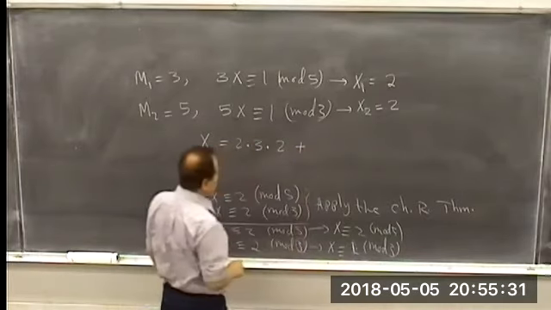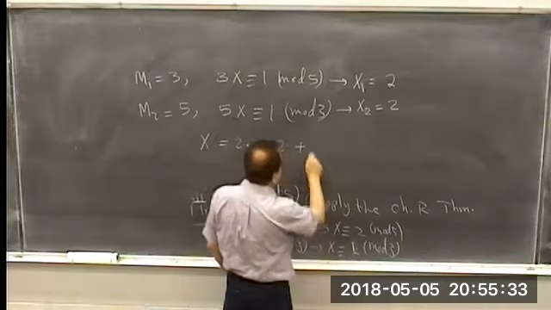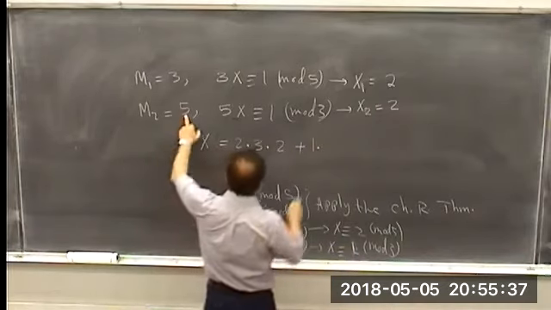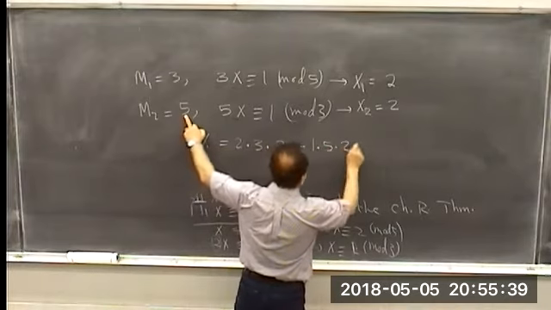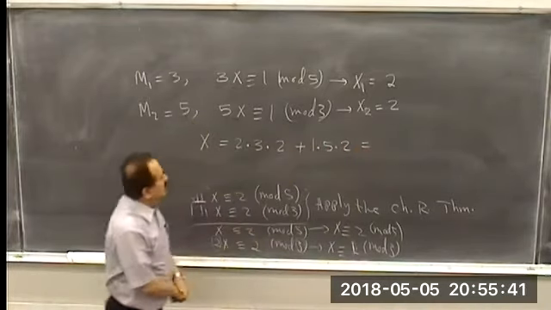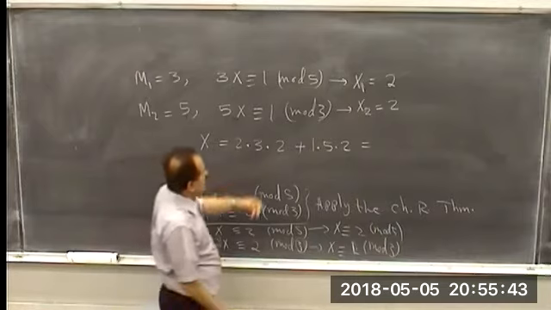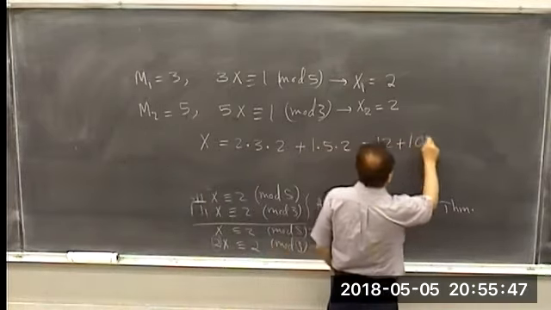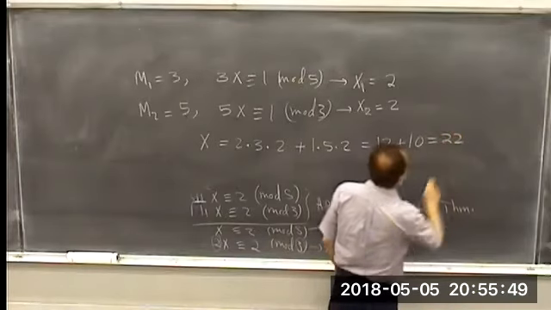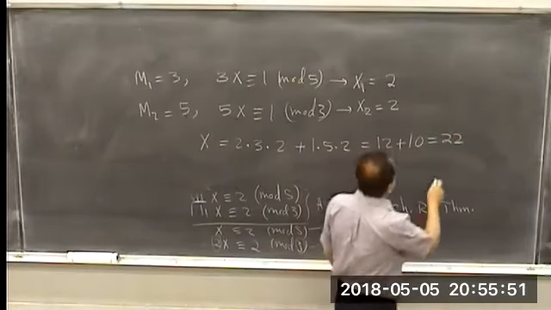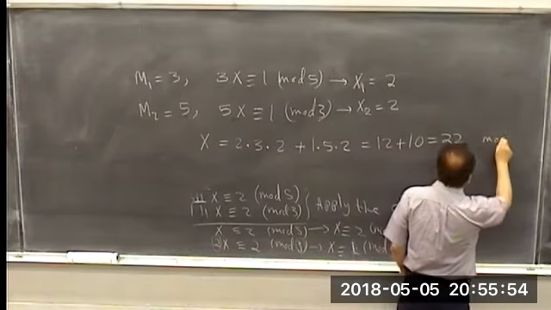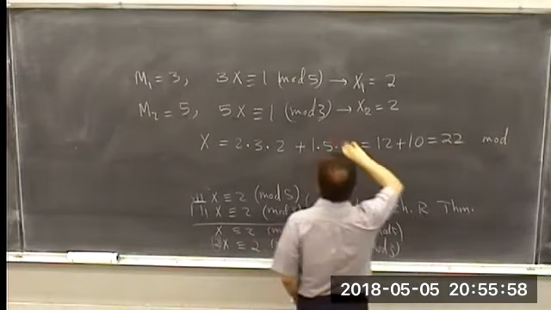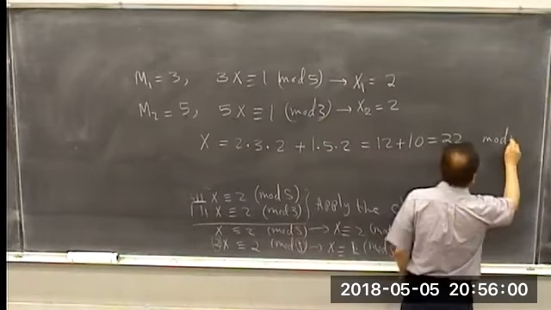Then we have 1, the A2 in here, multiplied by M2, which is 5, multiplied by the solution. So we combine these and come up with 12 plus 10, that's equal to 22. And we can reduce this mod the product of these, which is 15.